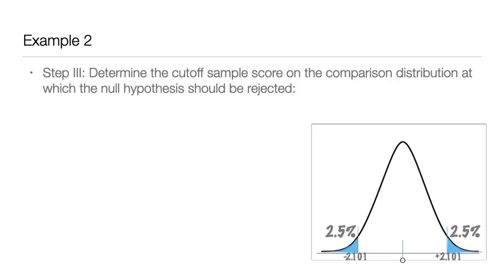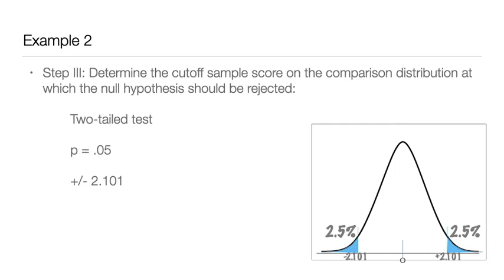Step 3, we're going to determine the cutoff of that value. Again, we said this was a two-tailed test with p-value of 0.05, looking at our degrees of freedom 18. We're going to use our t-table, and we get plus and minus 2.101. These are the areas that we say are really extreme scores. These are scores that we would not expect by chance.